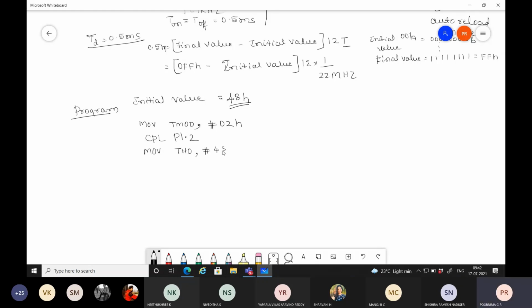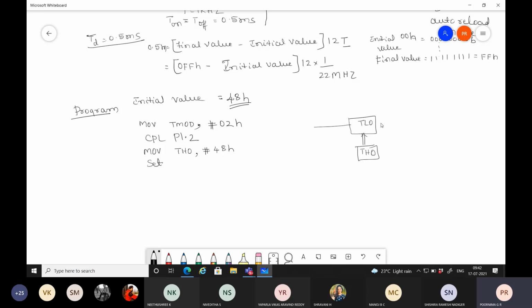TH0, the higher order register. Then you need not move any value to TL0, because automatically the TH value will get loaded. If you look here, for this TL0, the input will be TH0.